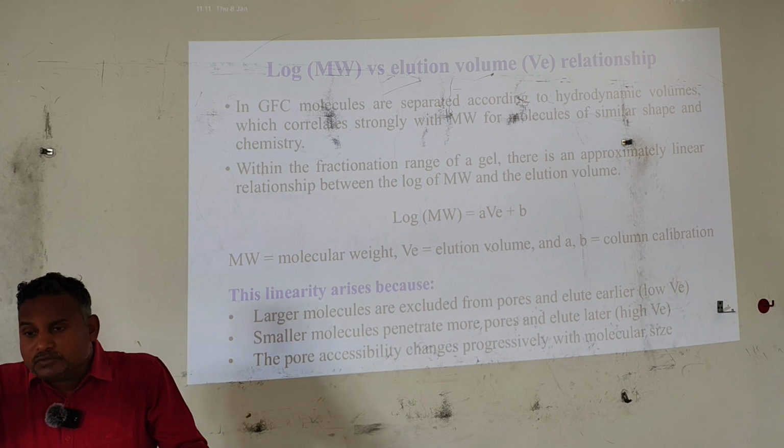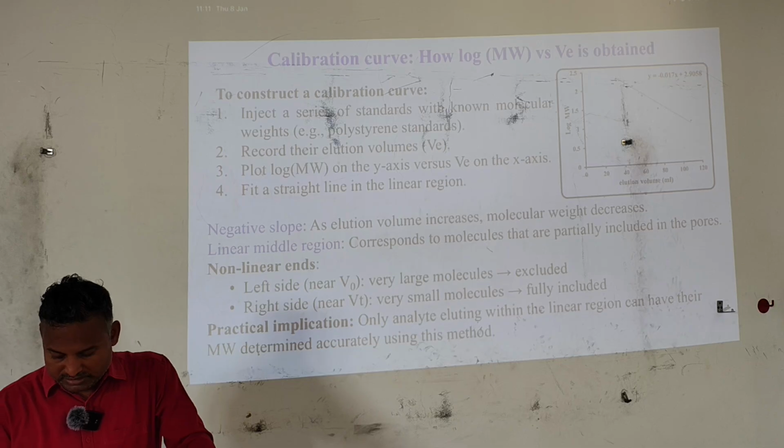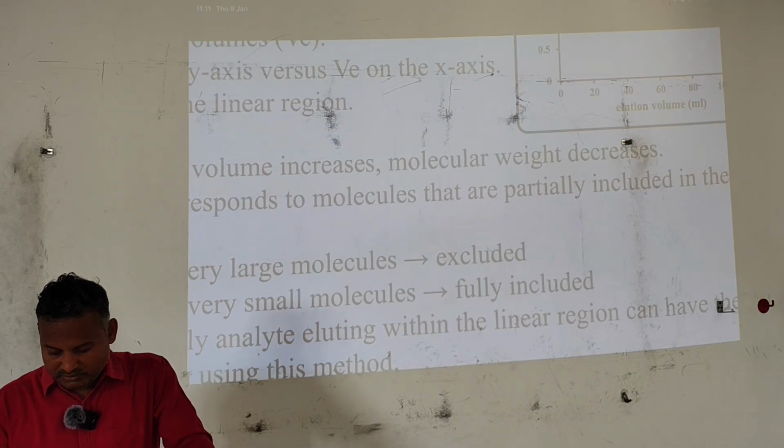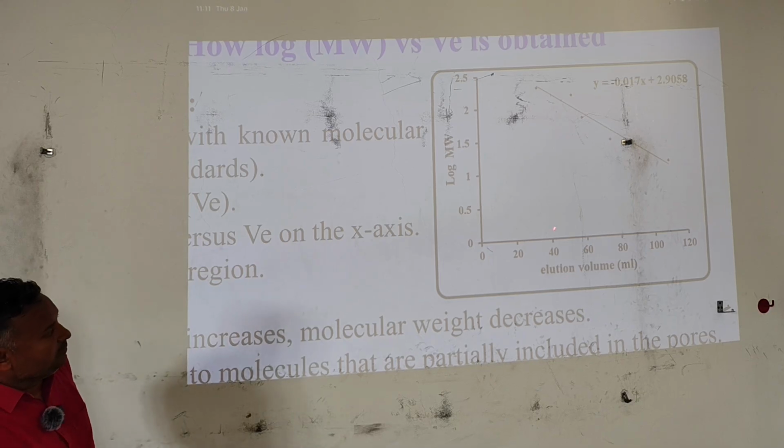If you take the logarithmic function, the logarithm of molecular weight, let me show you here. This is the graph: elution volume in milliliters on the x-axis, and logarithm of molecular weight on the y-axis.